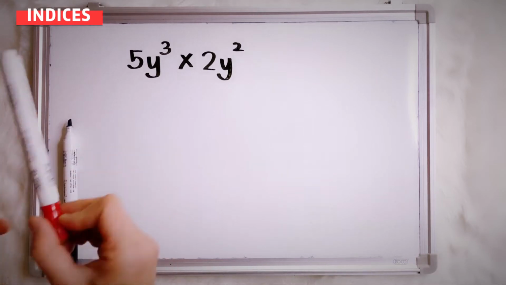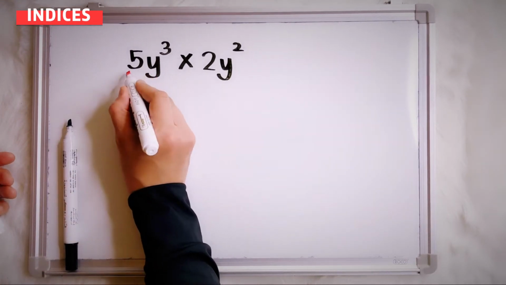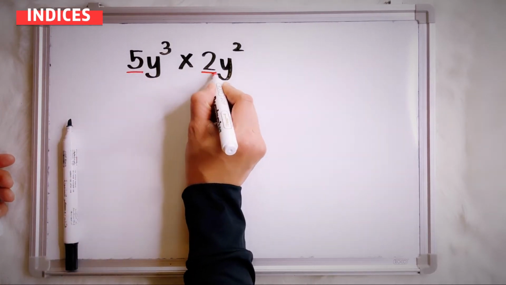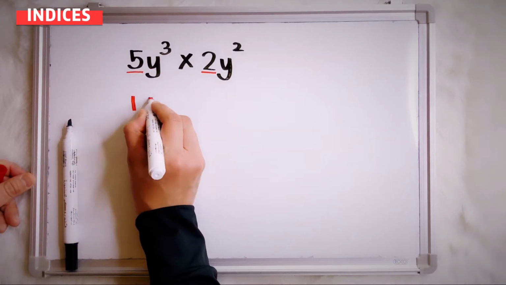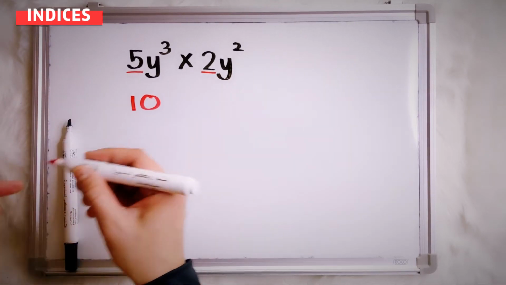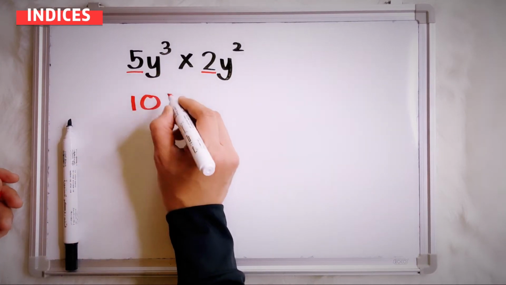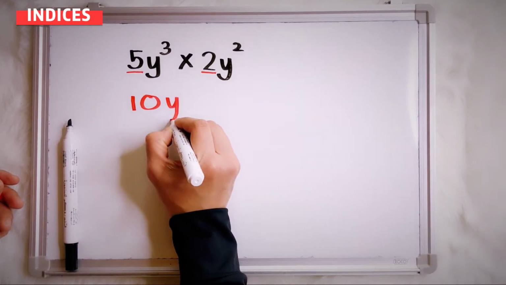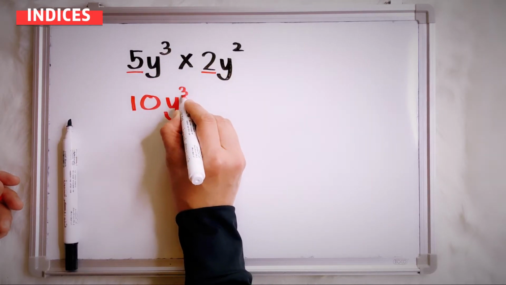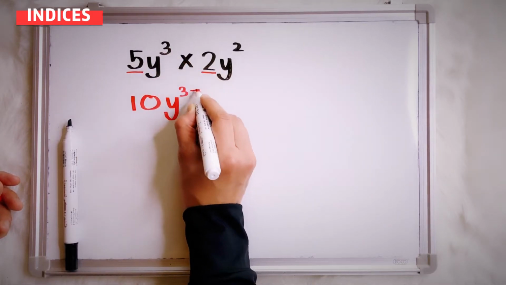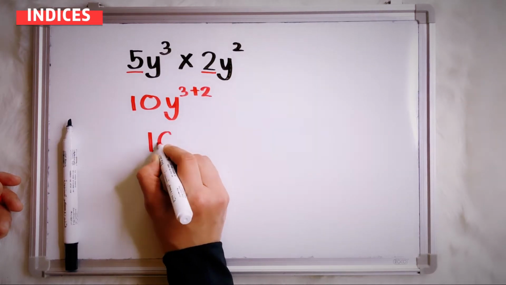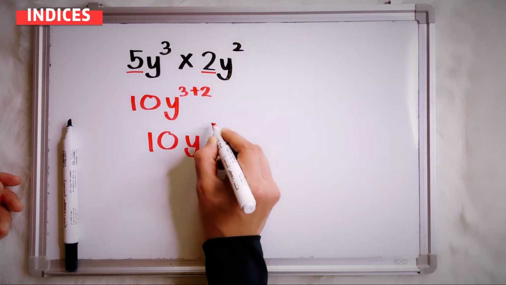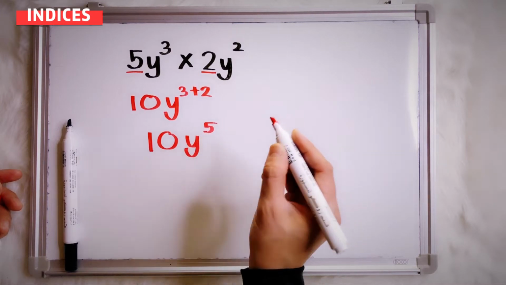What is your first step? First you settle the numbers first. So 5 times 2 is 10. Now y power of 3, this is multiply, right? So you have to plus 2. So your answer will be 10y power of 5.